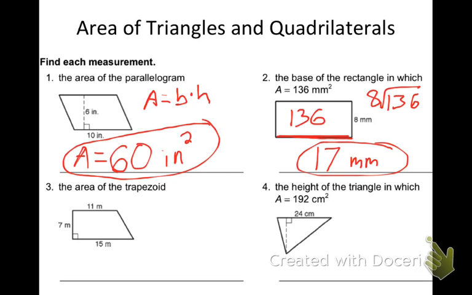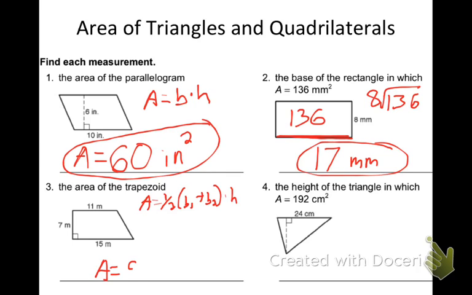What about number 3 here? The area of the trapezoid. What's the formula for area of a trapezoid? Give me the formula, Ryan. Nice job. So when I work that out, Nikki, what do I get? I get 90. Is that what you get? Okay, so making sure.